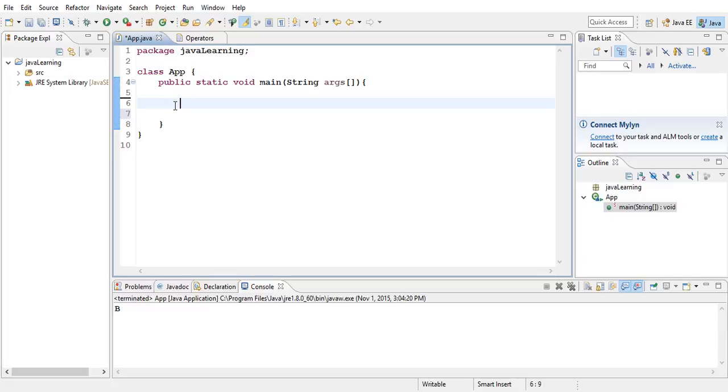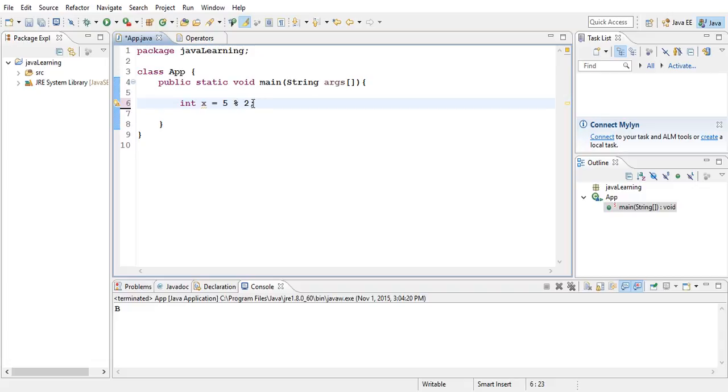The modulus operator is used pretty much same like the arithmetic operators. That is, it is based on two operands, that is int x equals, let's say, 5 mod 2. Then this modulus returns the remainder of the division carried out.